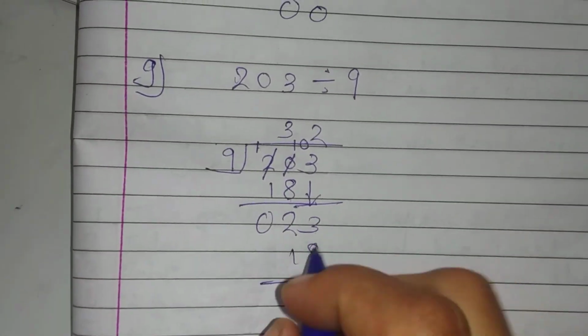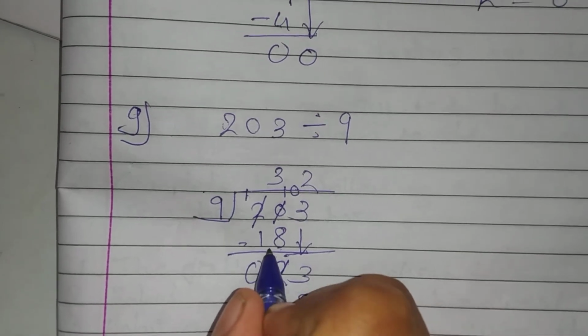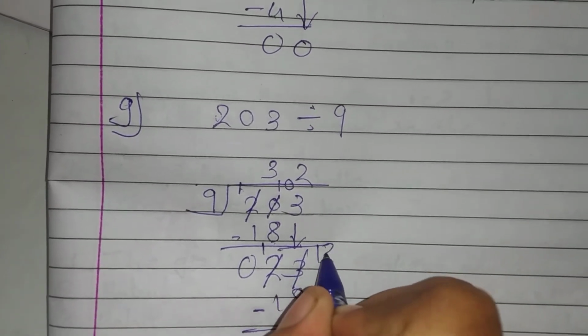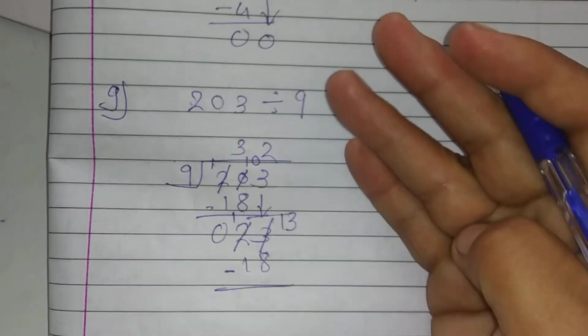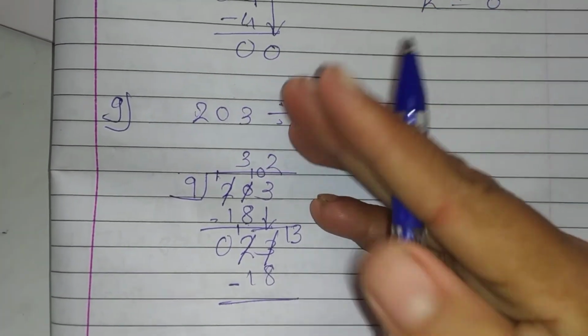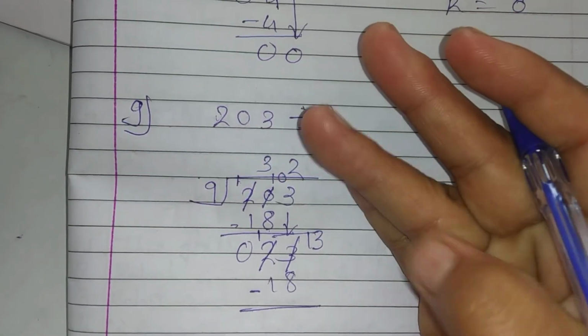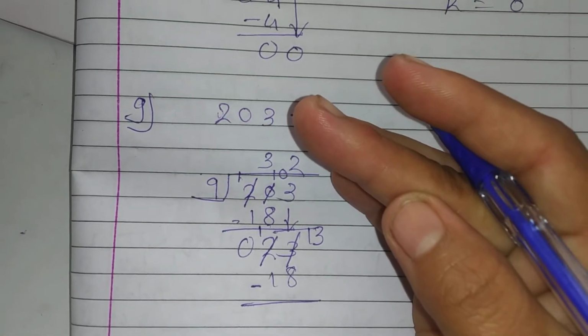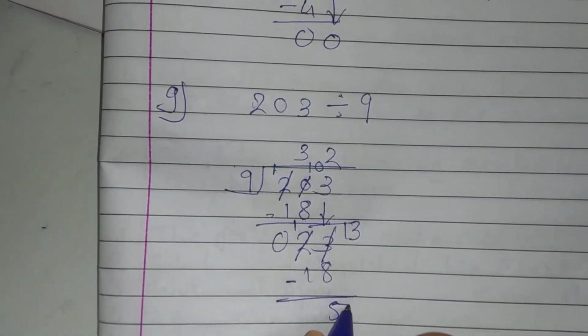3 minus 8 is not possible. Cut 1, cut 2, put here 1. Cut 3, put here 30. Now 13 minus 8. Put 13 on your finger. Cut 8: 1, 2, 3, 4, 5, 6, 7, 8. The remaining numbers are 1, 2, 3, 4 and 5. What we have to write here? 5.